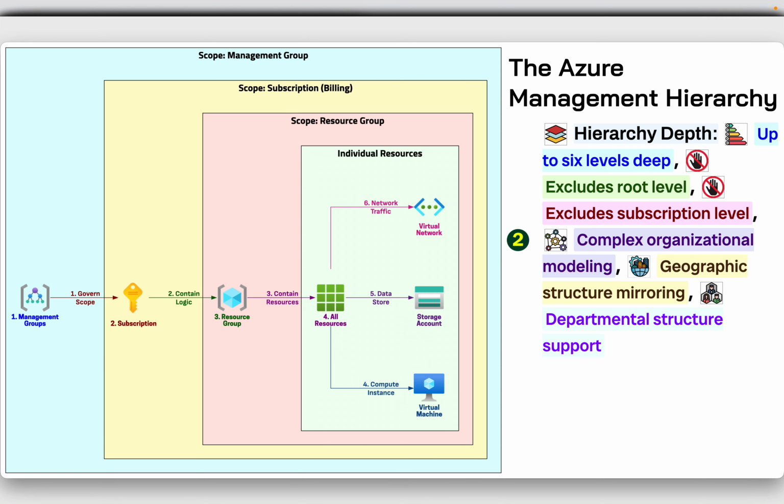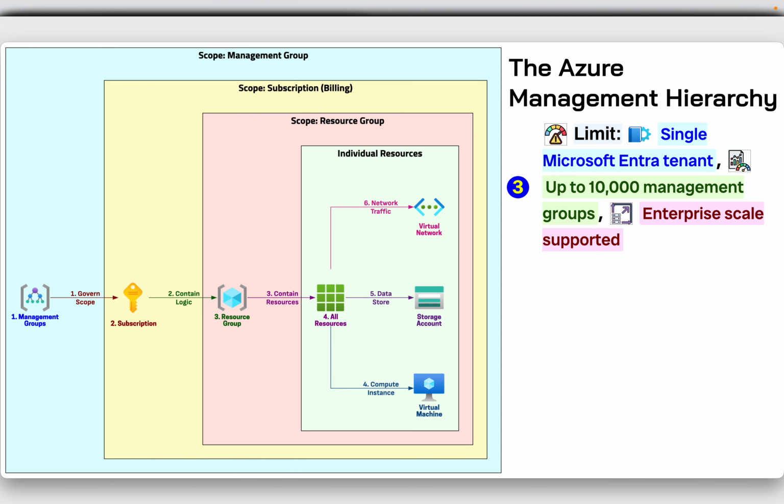Next is the hierarchy depth. A management group tree can support up to 6 levels of depth, not including the root level or the subscription level. This depth allows for complex organizational modeling, such as mirroring a company's geographical or departmental structure. There is also a limit: a single Microsoft Entra tenant can support up to 10,000 management groups.